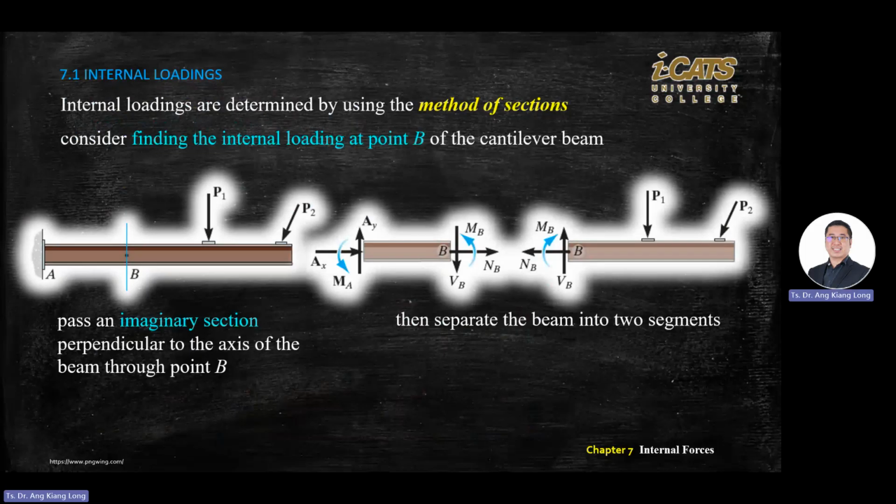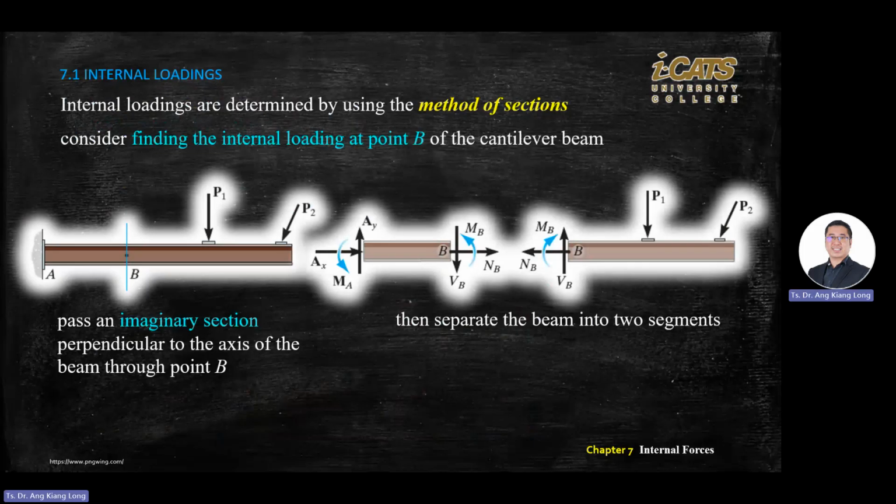You assume it points out first, and only then do you do the calculation. So for B, there is an opening, so NB, where N means normal force, perpendicular to the area. Normal B points out.